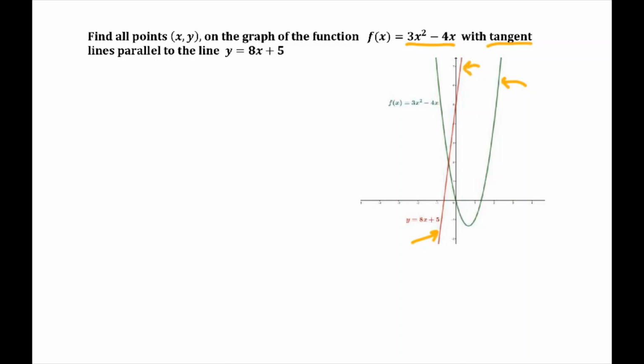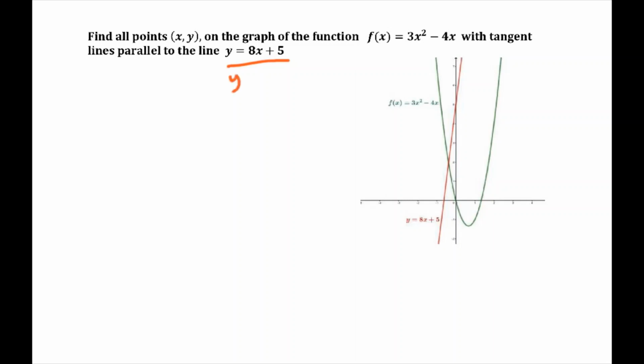Well, we know if I have parallel lines, the slope will be equal. So we'll have the same slope, okay? So what are we going to do? In this case, we are going to start from the line here and try to find the slope.